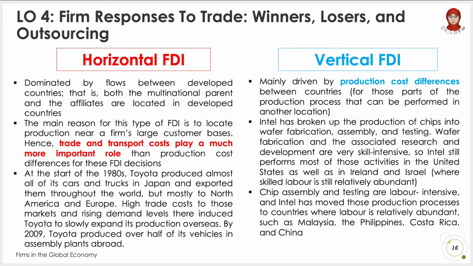Wafer fabrication and the associated research and development are very skill intensive. So, Intel still performs most of those activities in the United States as well as in Ireland and Israel, where skilled labor is still relatively abundant.